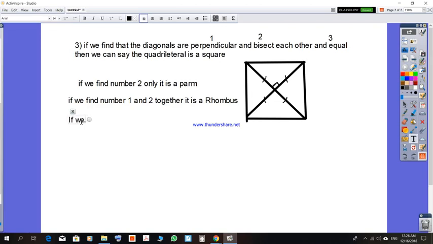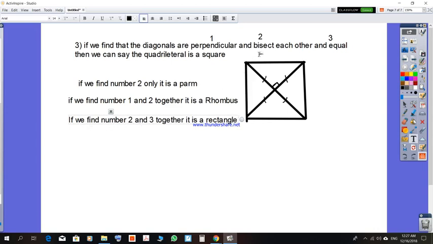If we find number 2 and 3 together, it is a rectangle.